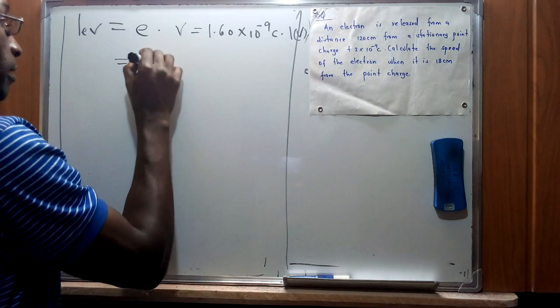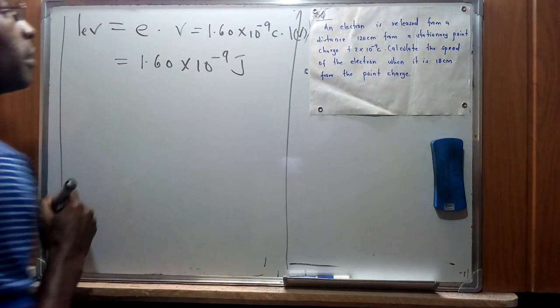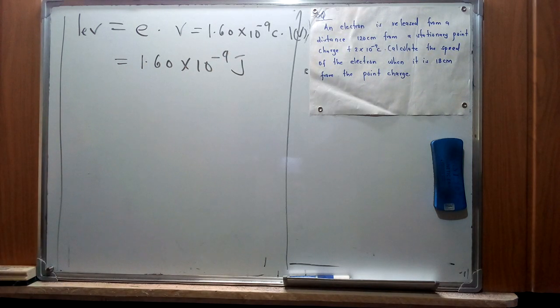Therefore, we can illustrate this charge using 1.60 times 10 to the negative 19 joules.